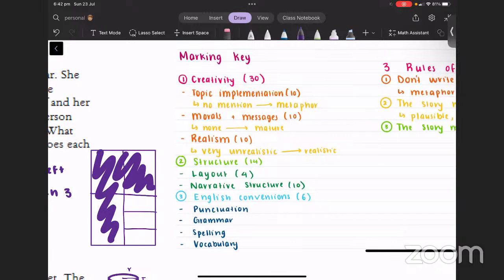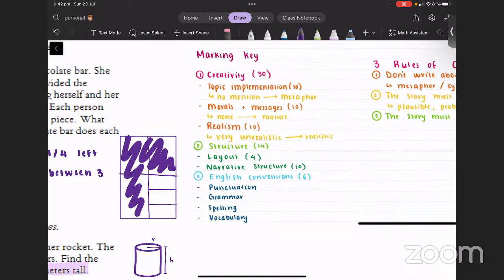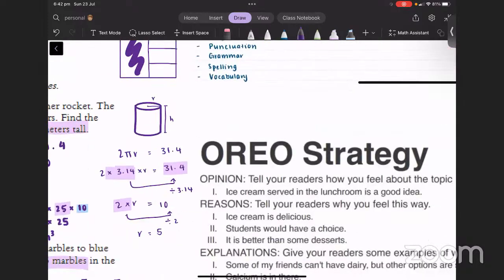If you work on writing quickly in this high stress environment and maintaining your punctuation, grammar, spelling, and vocab, then you get the higher marks. You can also learn different vocabulary if you read a lot of books or check the internet a lot.